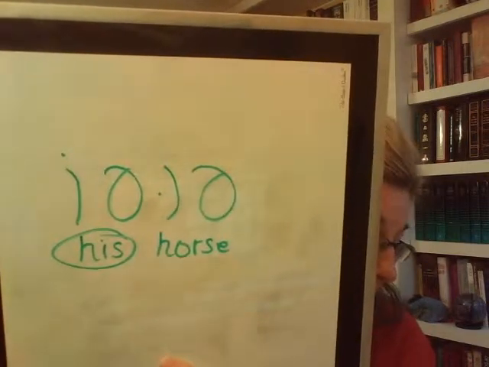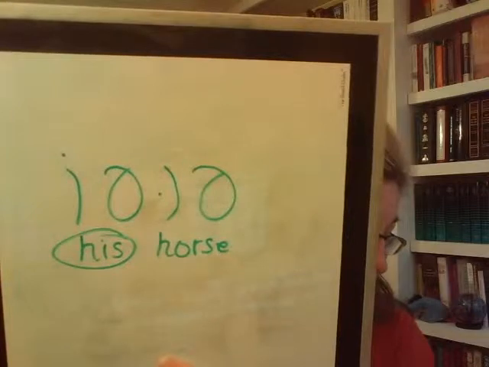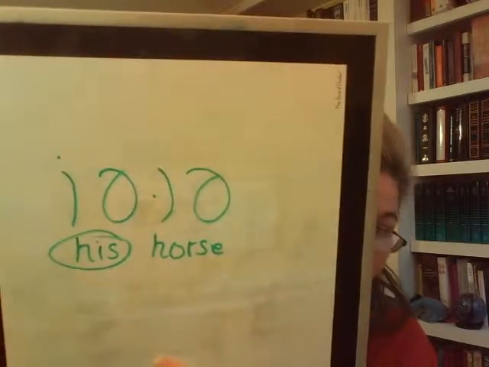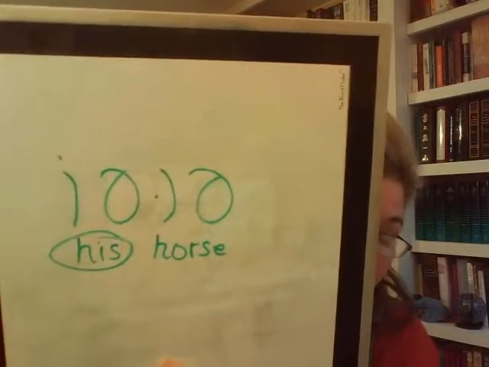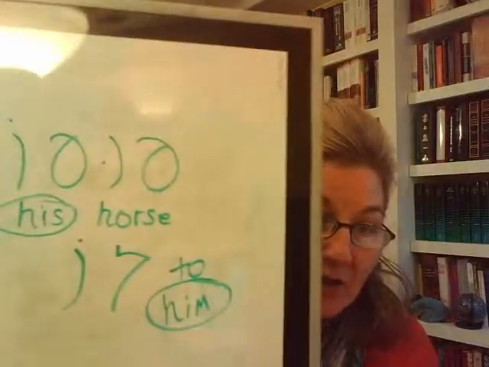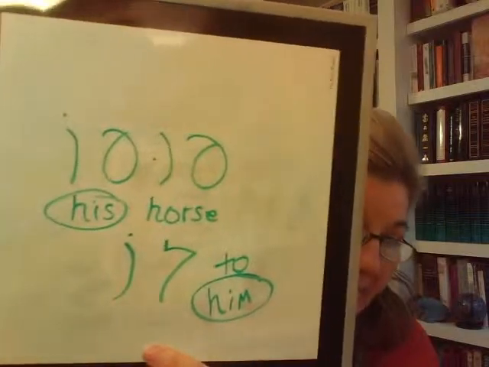Now, if we wanted to say "to him" and make it have an objective value, we would add a lamed and a holem vav, lO, and this would be translated "to him." And "him" would have not a possessive value, but an objective value.